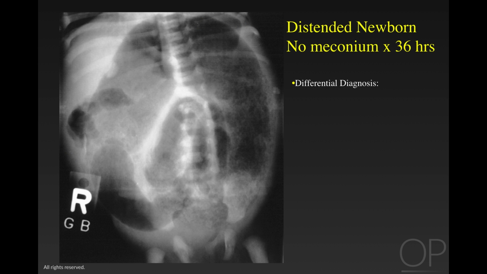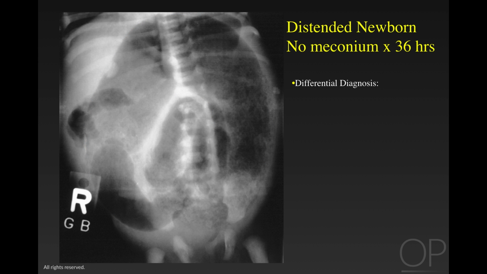Here is a baby that presents with abdominal distension and failure to pass meconium for 36 hours. And we see a very distended loop of bowel that appears to be colon with a mottled appearance of the feces within.